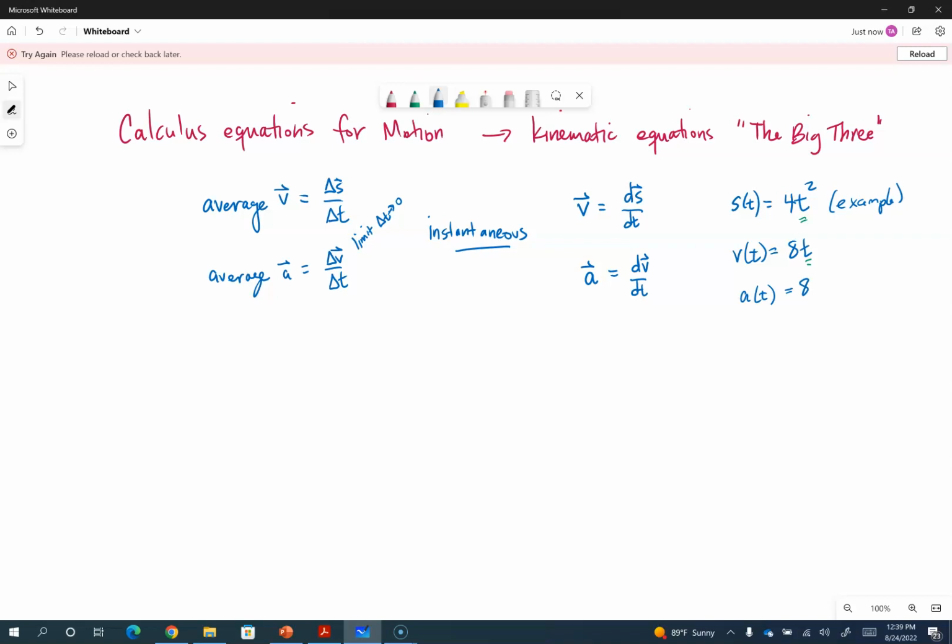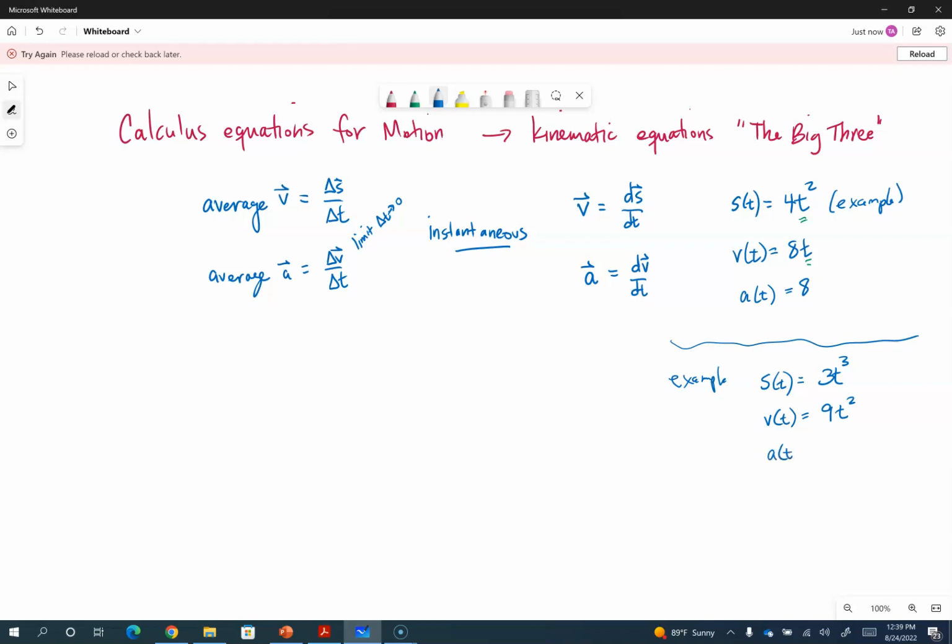Acceleration does not need to be constant. We could totally, another example, we could have a position function that was, say, 3t cubed. So just another example. If we take the first derivative, 3 times 3 will end up with 9t squared as our velocity.